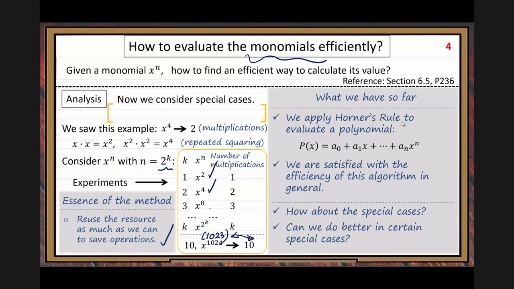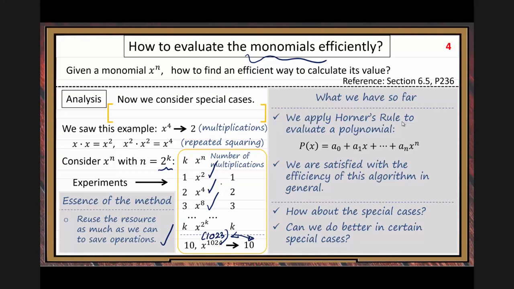After we calculate x to the 8th, reuse it. Reuse all the intermediate results you have already calculated and stored in temporary variables, because storage is very cheap.